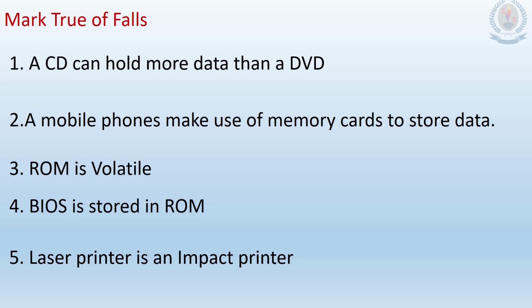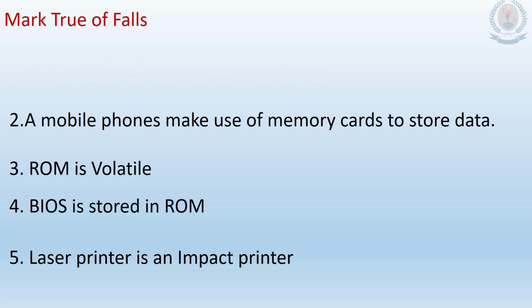Mark true or false. A CD can hold more data than a DVD. That is wrong. Actually, the DVD has the larger memory. A mobile phone makes use of memory cards to store data. Yes, we know that we use memory cards in mobile phones.